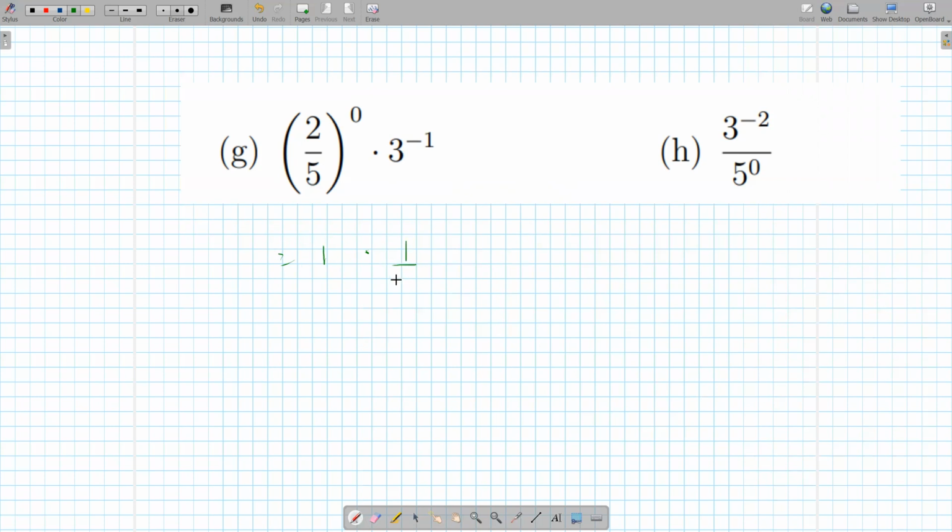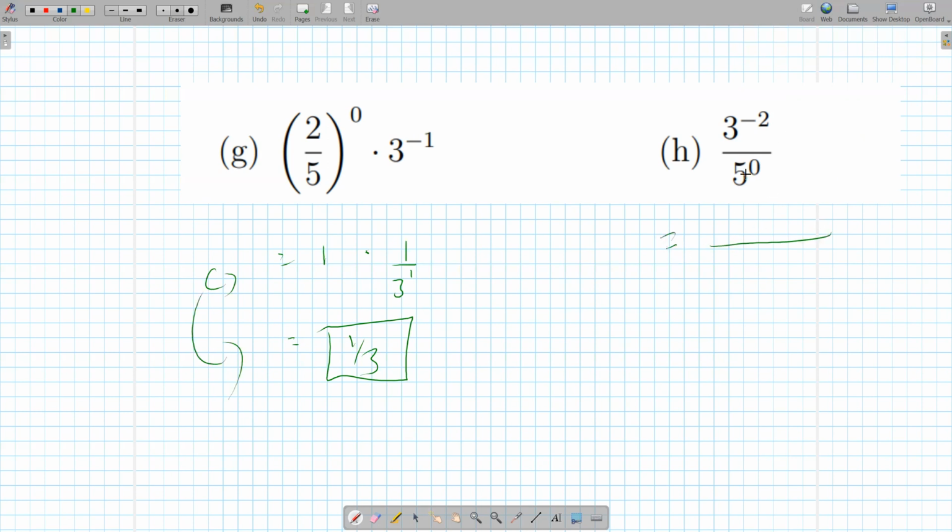So that just becomes 1 over 3 to the power of 1. Now what's the final answer here? 1 times 1 over 3. 1/3. Yeah, and you're done. See? It's a two-step answer. You don't even need a calculator, nothing.